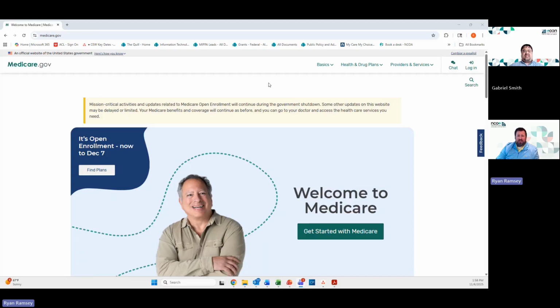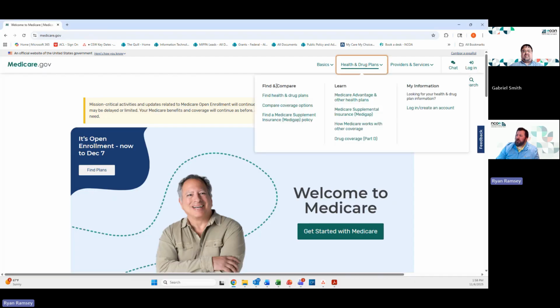Regardless of what point it is throughout the year as well, you will also be able to find those plan enrollment links right here up at the top right. If you click on health and drug plans, you'll notice the column here that says find and compare. You'll see find health and drug plans right there, and you'll be able to navigate to the same location as where the open enrollment find plans link would take you to.